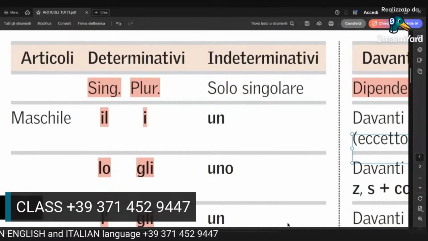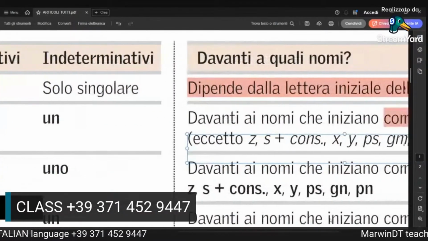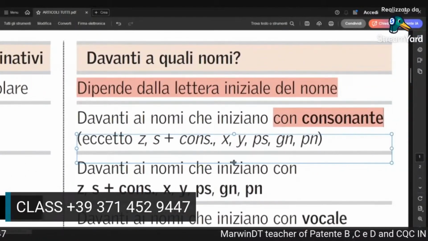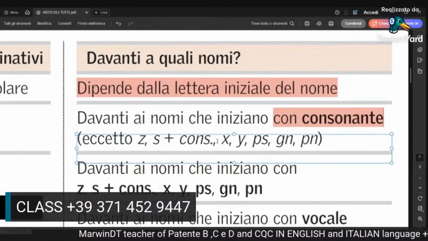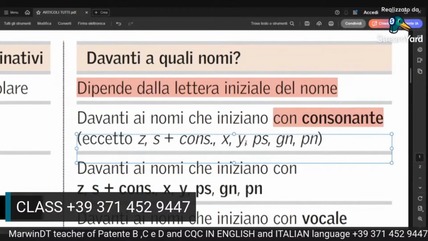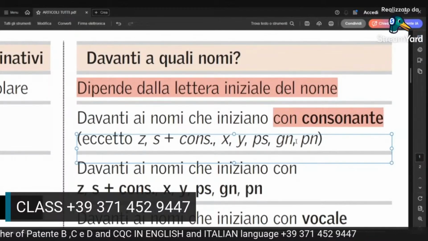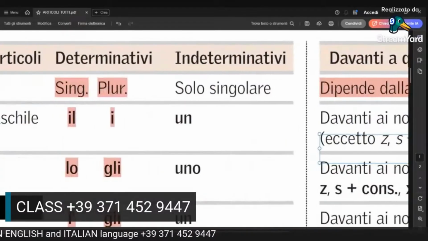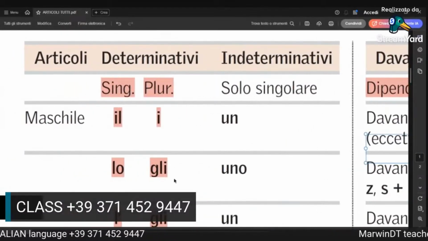Very good. So let me show it to you again. If the word starts with a consonant, and not with Z, S, X, Y, PS, GN, or PN, then the article for that word will be what?